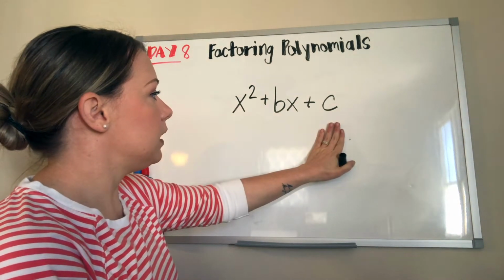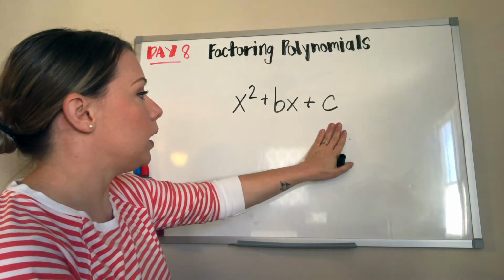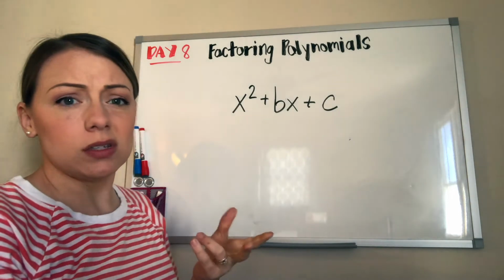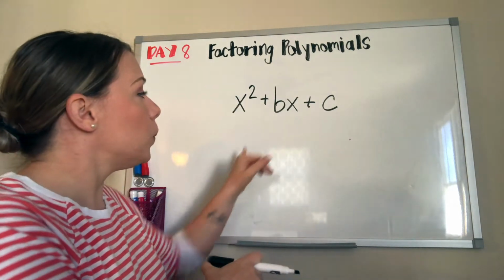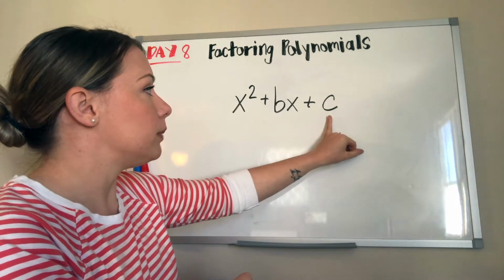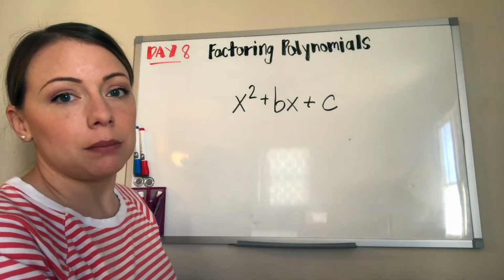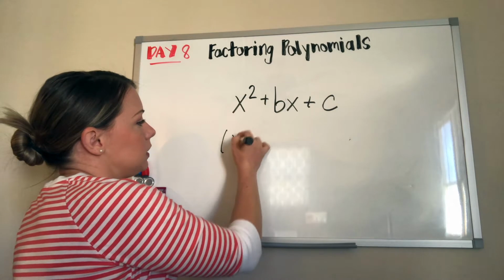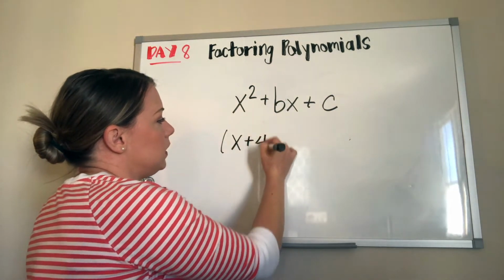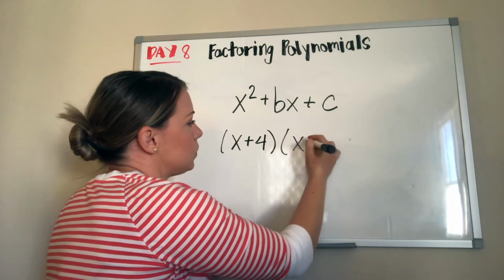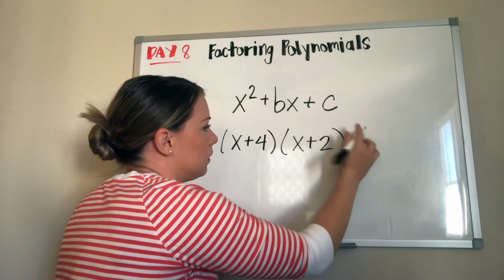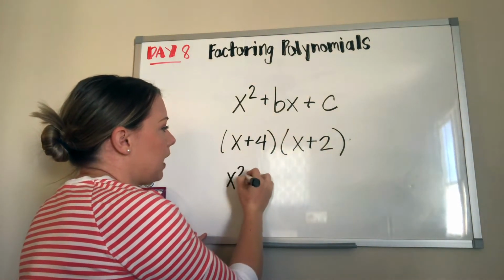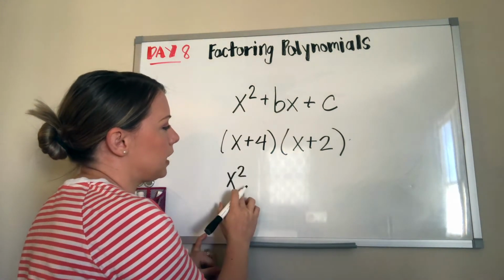All right, now I want you to consider the fact that you all have been dealing with polynomials like this since 7.1, and in the past, I believe you had 2 sections or 2 days of work where we created polynomials by multiplying binomials. So let's consider if I had these 2 binomials and I asked you to multiply them, we know that I would have x times x, which produces x squared.